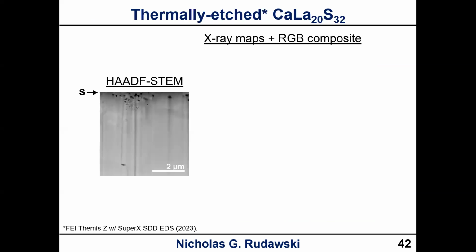And then here's another good example, again, going back to the calcium lanthanum sulfide. In this region of the material, we see a rather interesting microstructure. Near the surface, there's a lot of porosity.